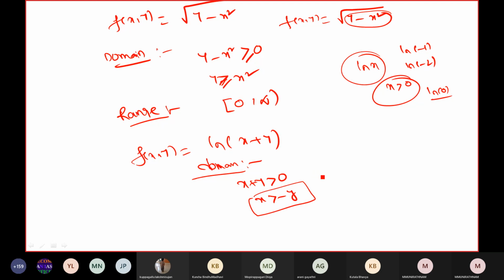And what is the range? What is ln of x plus y? What is the range of log? Minus infinity to plus infinity. When does the minus come?